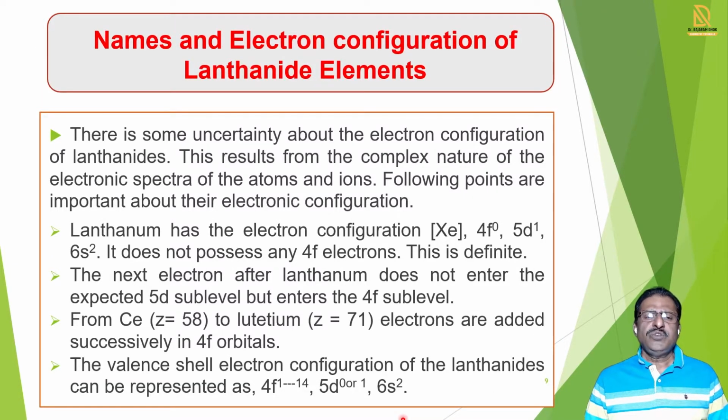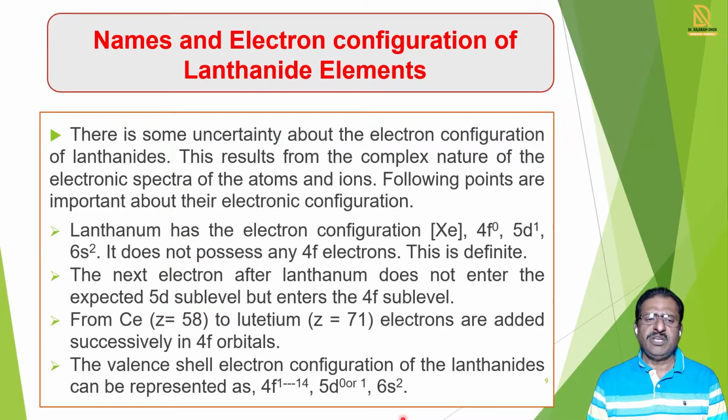Now we see the names and electronic configuration of these lanthanide elements. When we see the electronic configuration of lanthanide elements, there is some uncertainty about it. We have seen the electronic configuration of S block, P block and D block elements. There, when we write the electronic configuration, the filling of electrons in a particular orbital is fixed.